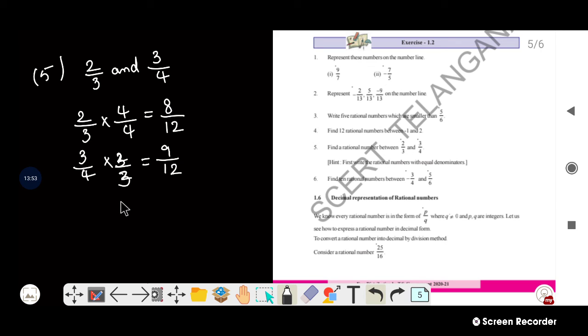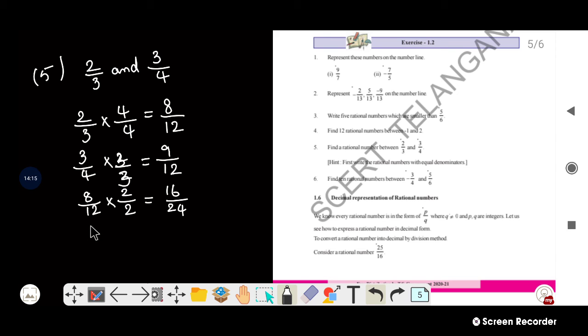Okay. So again 8/12 is there, na? 8/12 is multiplied with 2/2. So then that is 16/24.